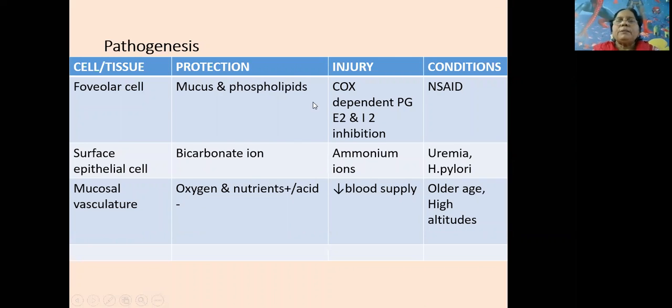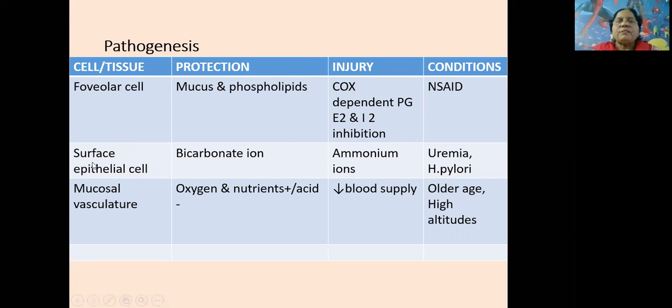What happens is that NSAIDs inhibit COX-dependent prostaglandins E1, E2 and I2. Okay, this prostaglandin is being inhibited by the NSAIDs. Because of that, this mucus and the phospholipids are damaged.